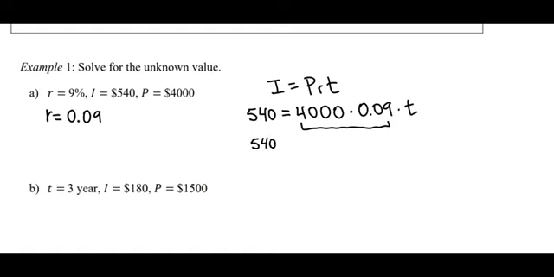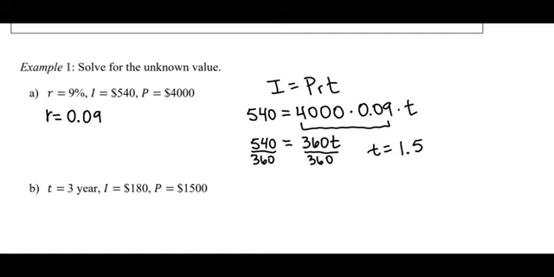So 540 equals 360 T. And at this point, it's a one-step equation. So I'm going to divide by 360. I'm going to have my T equals 1.5.